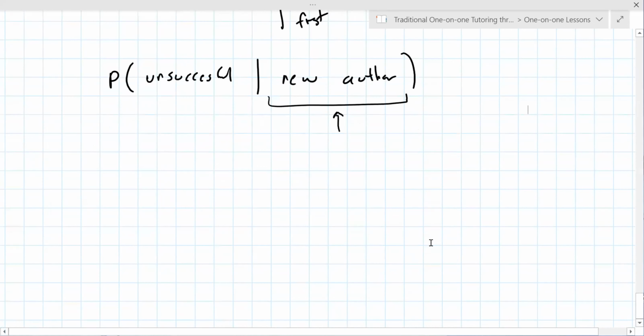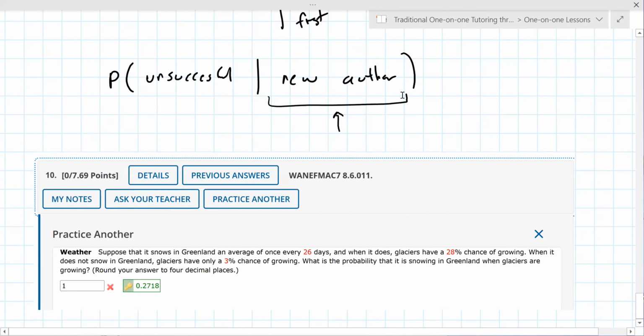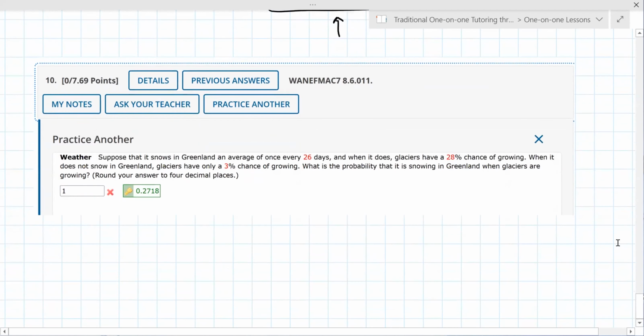Suppose that it snows in Greenland an average of once every 26 days. Glaciers have a 28% chance of growing when it does. Sometimes it's good to draw these.